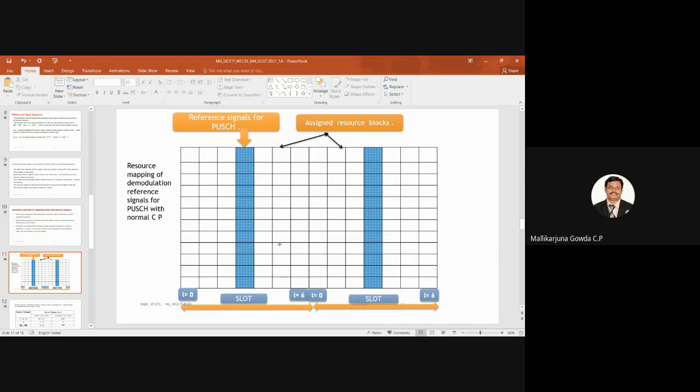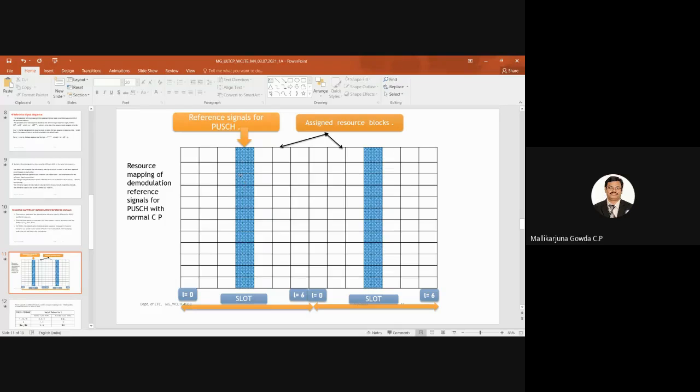Here is the time frequency grid. This is how the resource mapping of the demodulation reference signal for PUSCH with normal CP is done. Here l is the time axis and k is the frequency axis. It is using the fourth OFDM symbol, that is 0, 1, 2, 3, right?